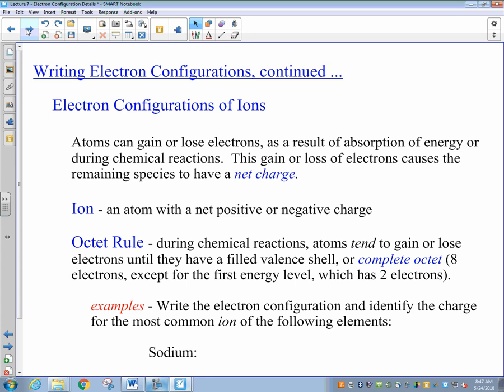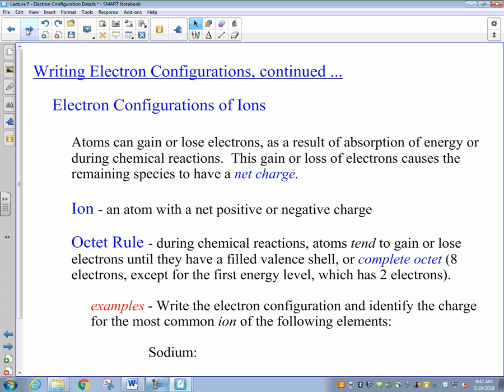Now, those atoms, in terms of forming chemical bonds, can either gain or lose electrons, either as a result of absorbing energy during a process, like you could absorb, say, a photon of light and excite an electron to eject it, similar to the photoelectric effect, or we could transfer electrons during the course of a chemical reaction. And anytime you start to remove or add electrons from what had originally been a neutrally charged atom, what you're going to end up with is something that has a net charge.